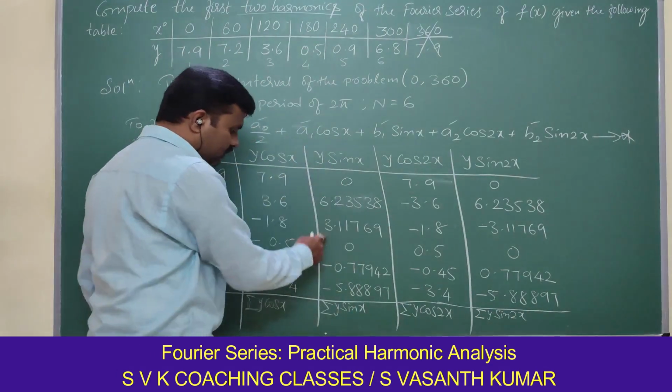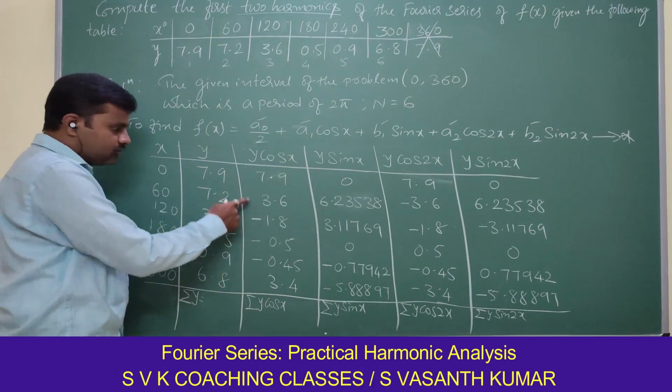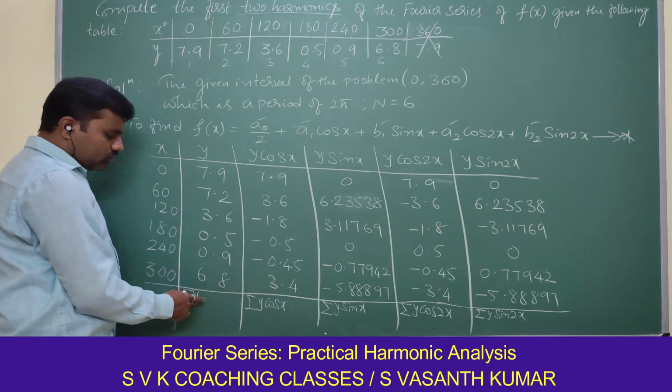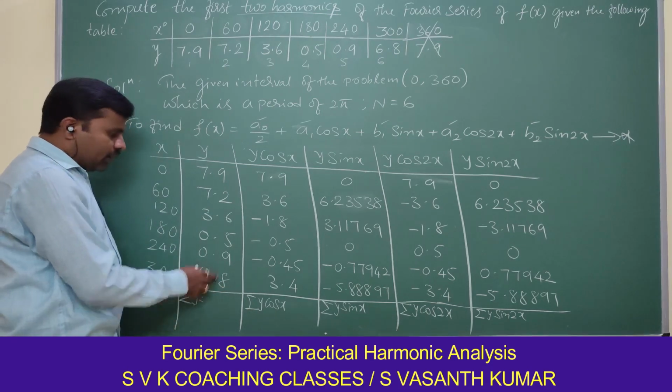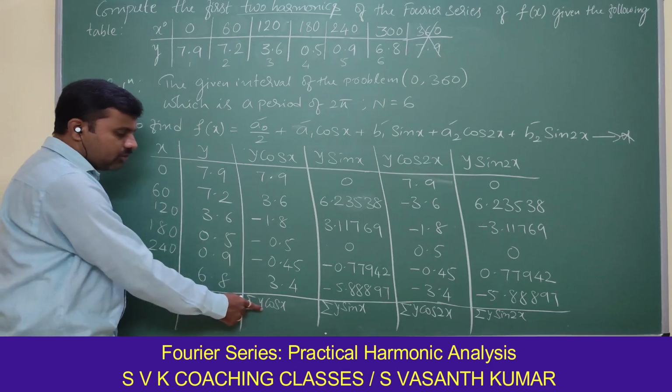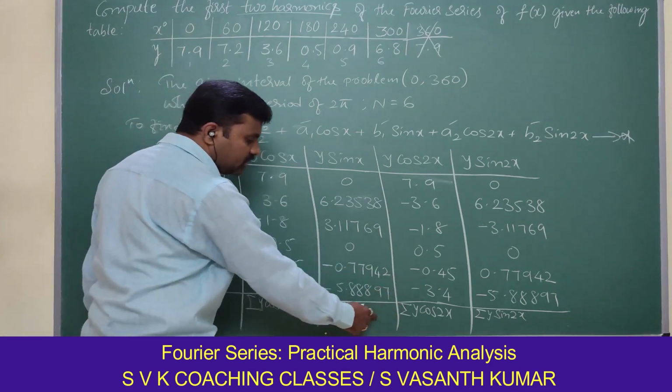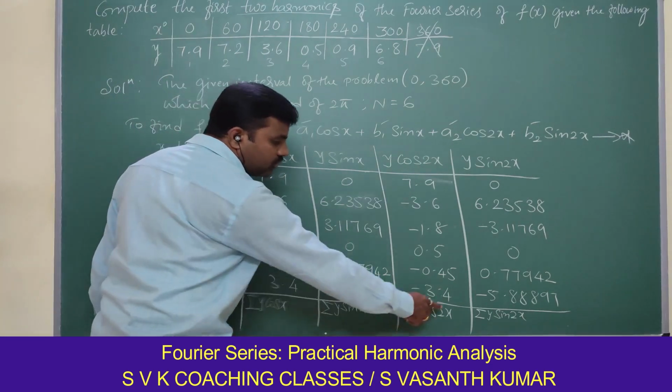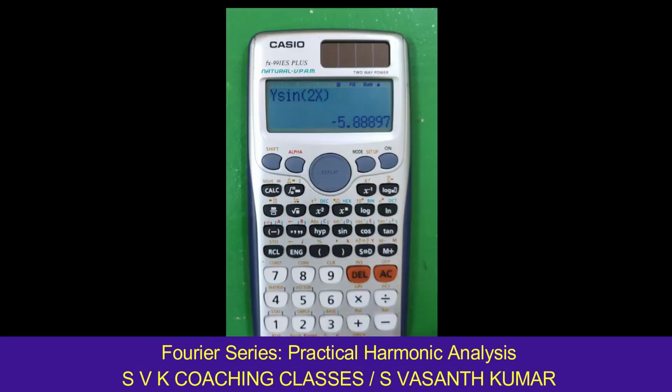So again, by using the calculator, add all the values here. You are going to get sigma y along the column. You add all the values to get sigma y cos x, sigma y sin x, sigma y cos 2x, sigma y sin 2x, to find the values of A0, A1, B1, A2, B2.